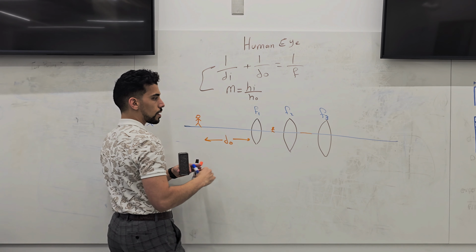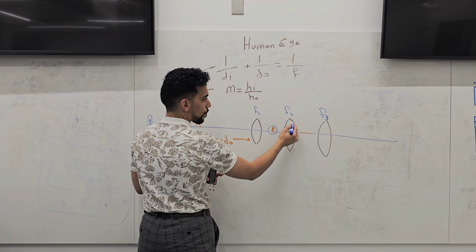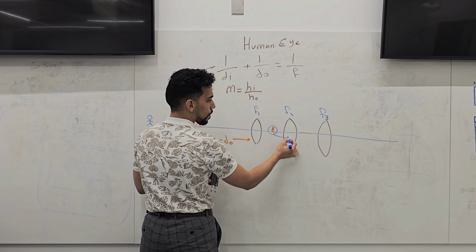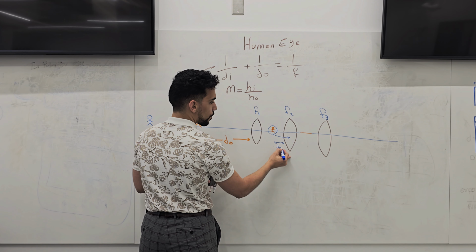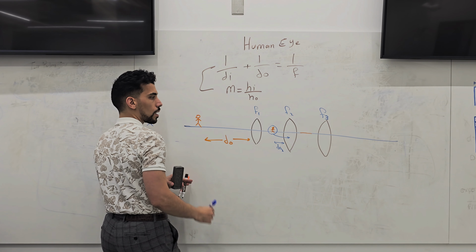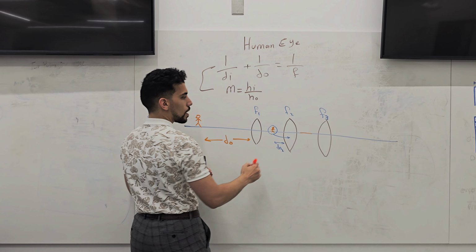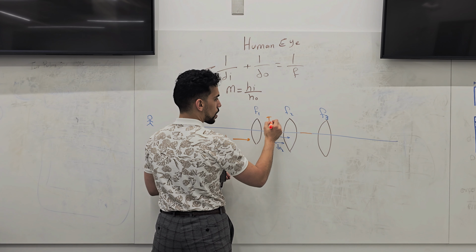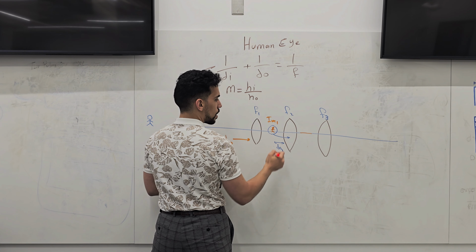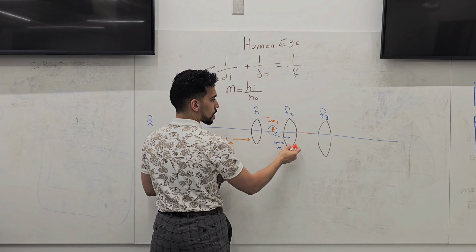The new location becomes the new object for the new lens. So this becomes the distance of object 2. Then this lens creates another image. So this is image 1, but it becomes object 2 for lens number 2.